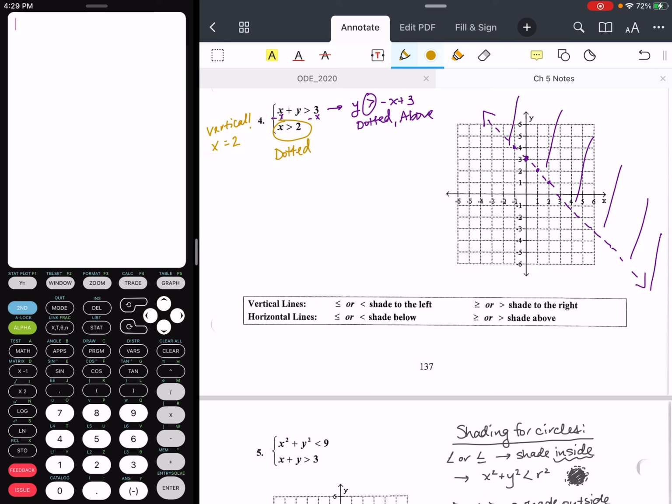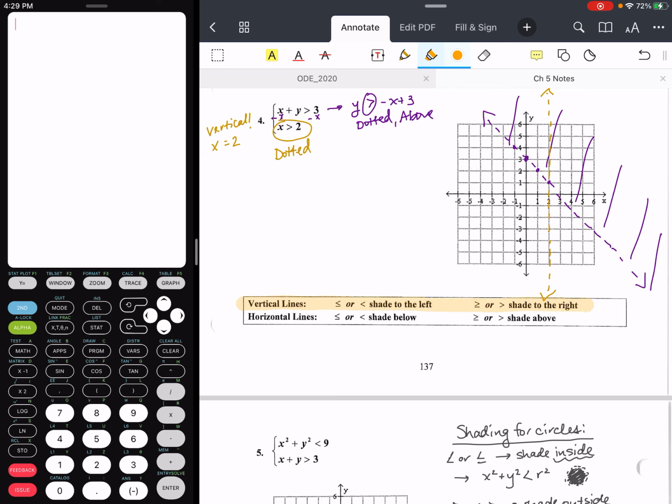So let me go ahead and at least graph the dotted line. Okay, so there we go. Now for vertical lines, I obviously can't graph above or below a vertical line because it's vertical. It goes all the way up and all the way down. But I could graph to the left or right of a vertical line.